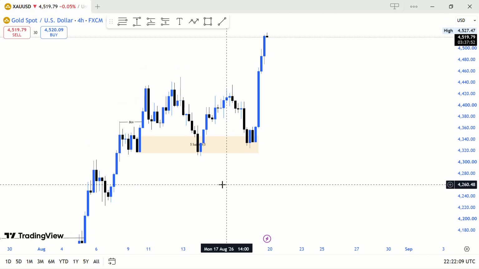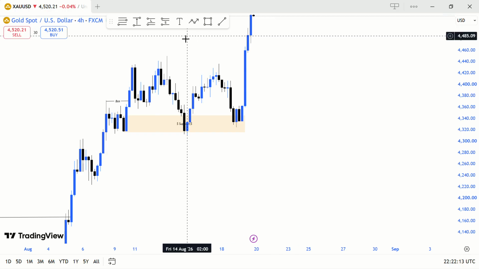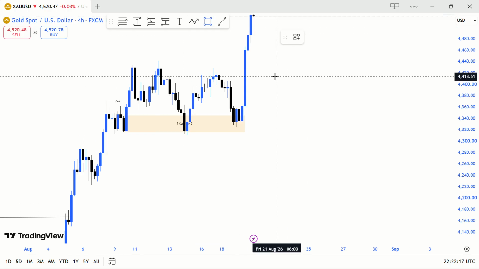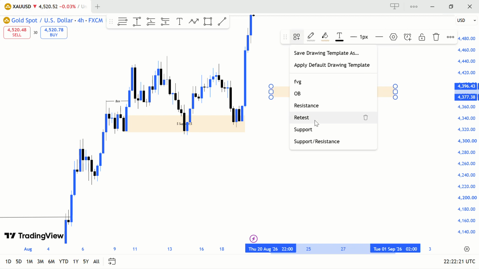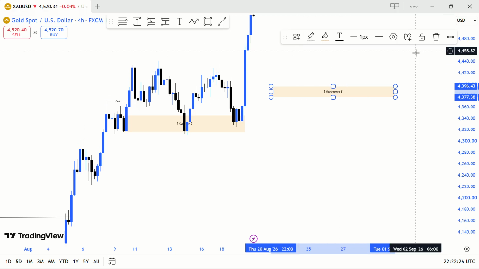So why do I call it a support level? Now you tend to see what we call the support and resistance level.